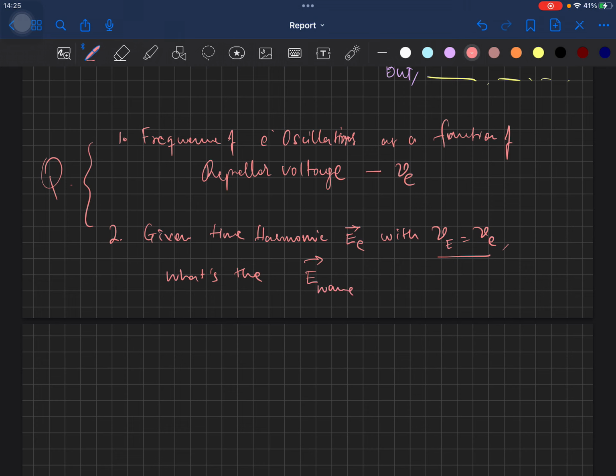What's the frequency? What's the E wave corresponding to the irradiation emitted by the cable, by the coaxial cable?